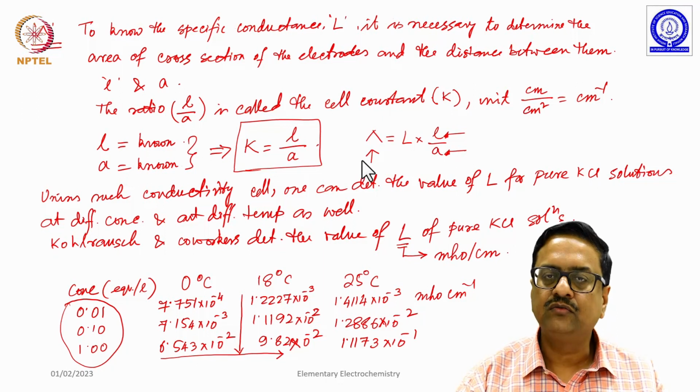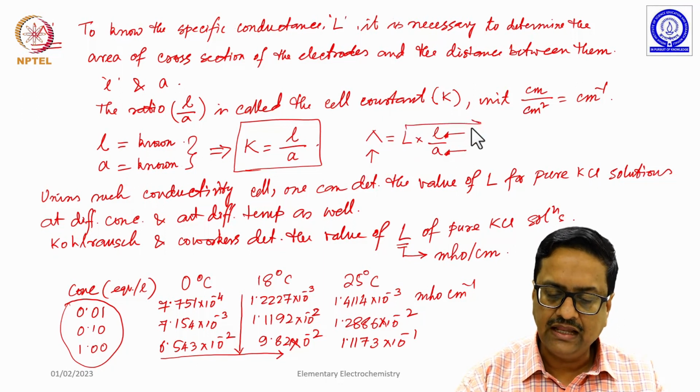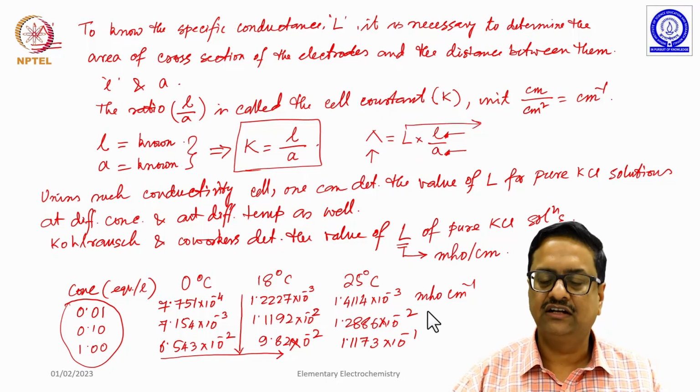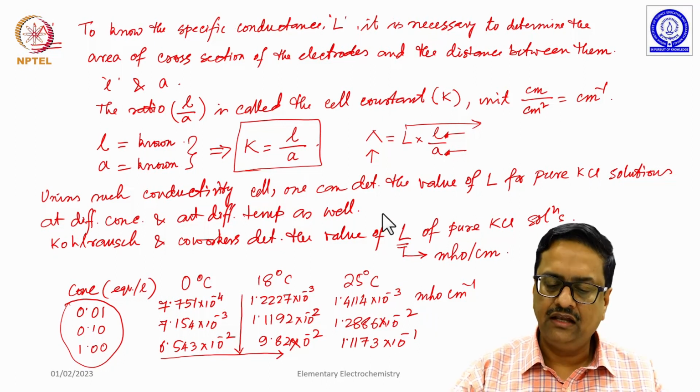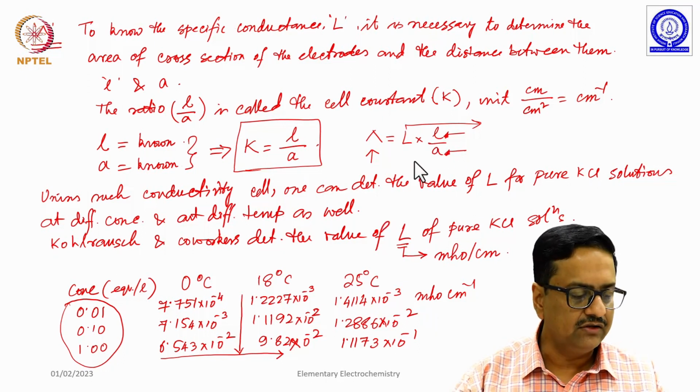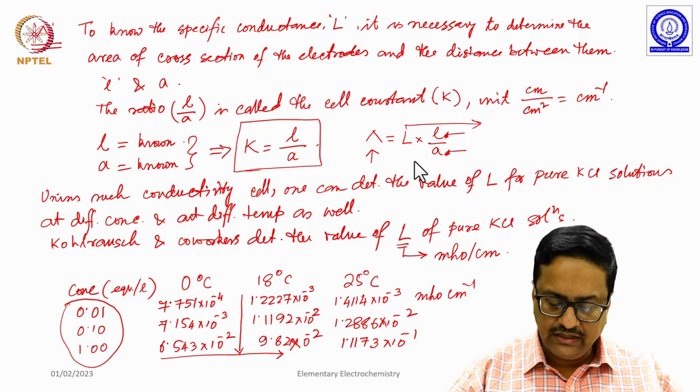So using this equation, the value of L has been calculated and reported. So these values of L are now corrected for the values of l and A.